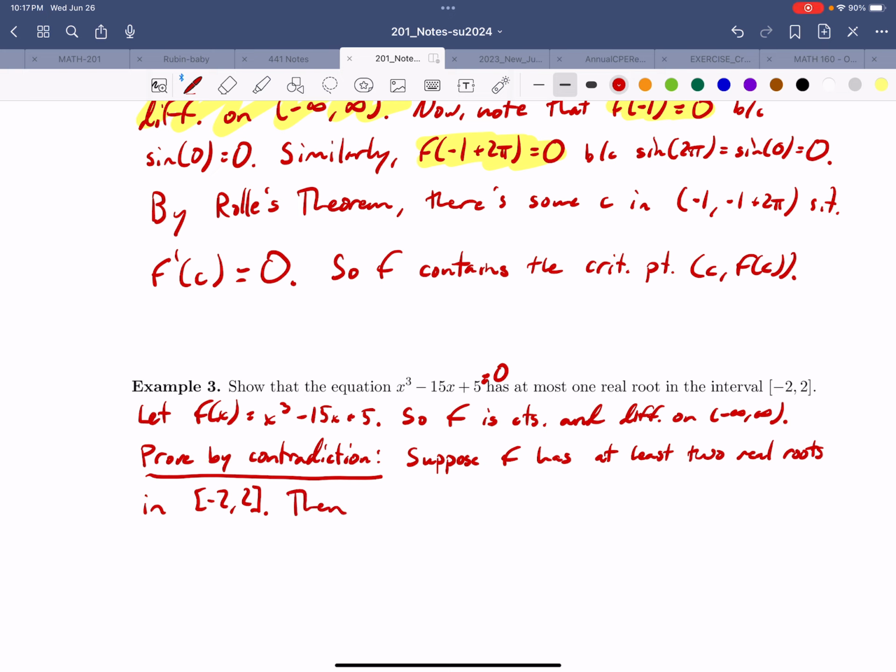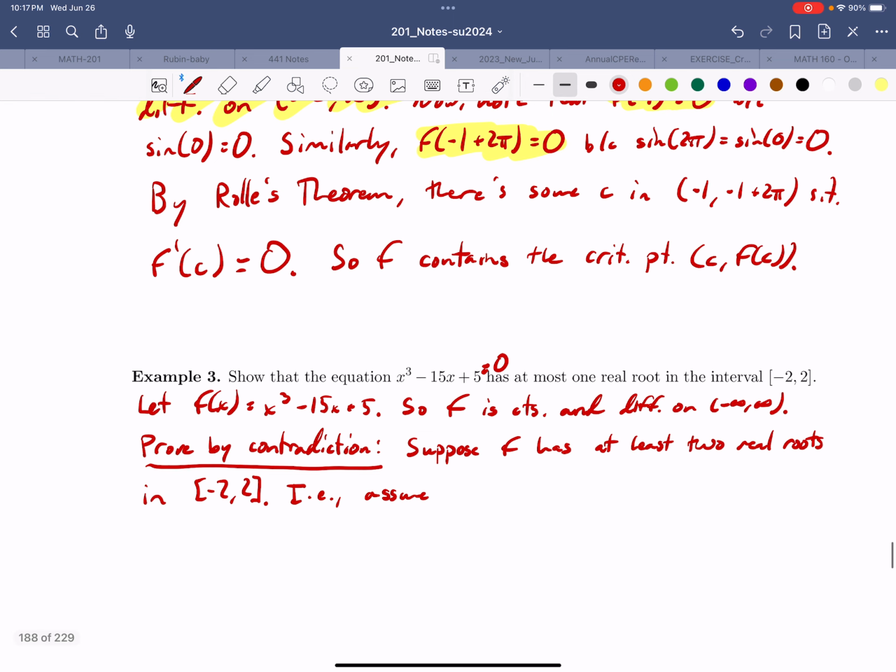I.e., assume f has roots R1 and R2 such that f of R1 equals f of R2 equals 0. Right? Okay, well, we've assumed that, okay?